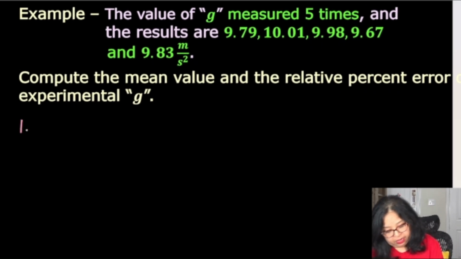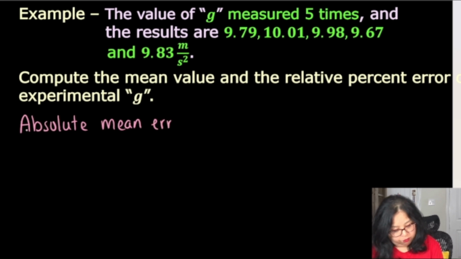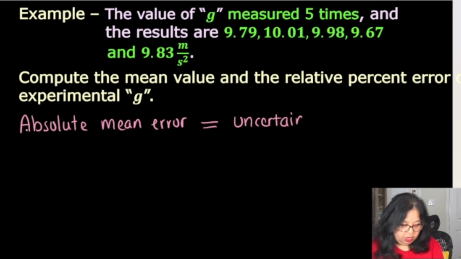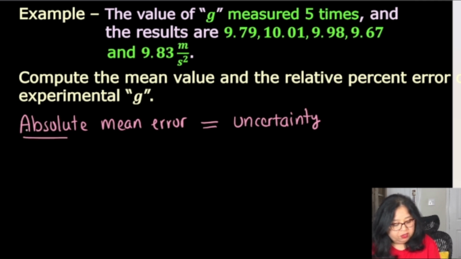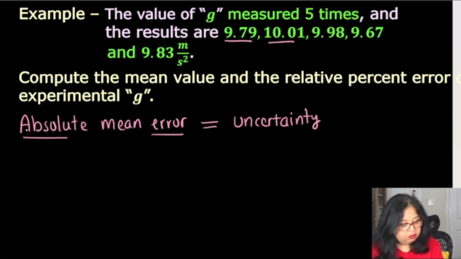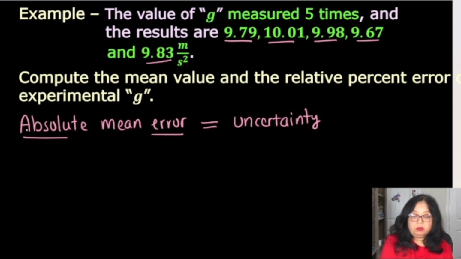So you find the absolute mean error for the whole set of data and call that the uncertainty. How do we do that? To find the absolute mean error, you find the absolute error for each of these data points and then find the average of those absolute errors.